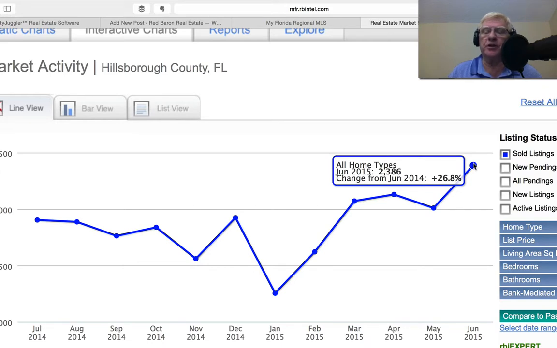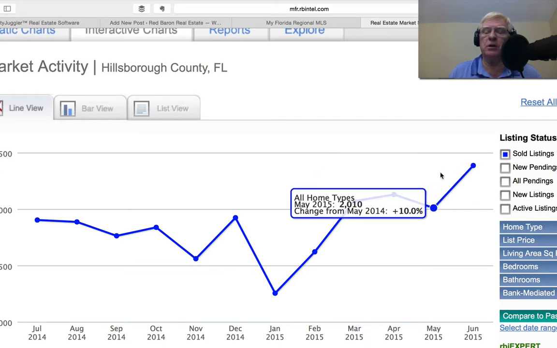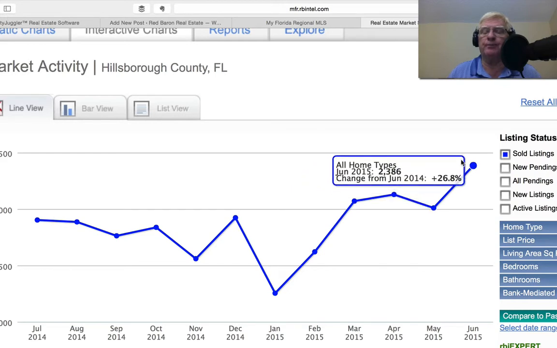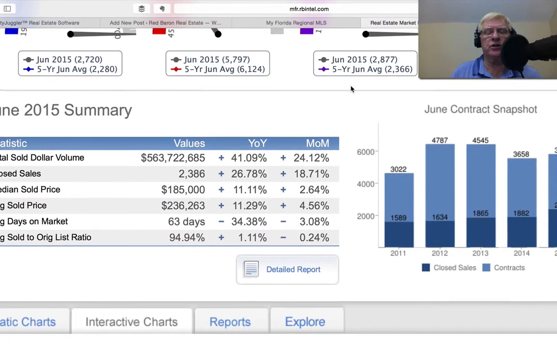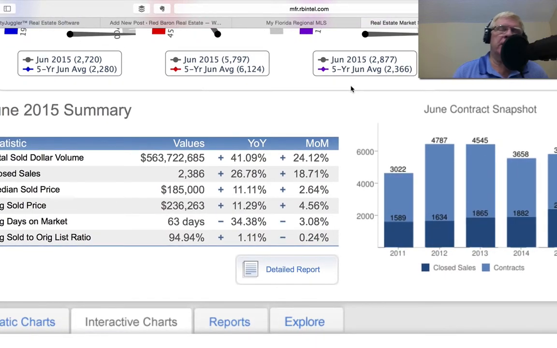The change from June of 2014 to the number of closings in June of 2015 is up close to 27%. That's why we see prices increasing. And that's the law of supply and demand and its effect on price in real estate.